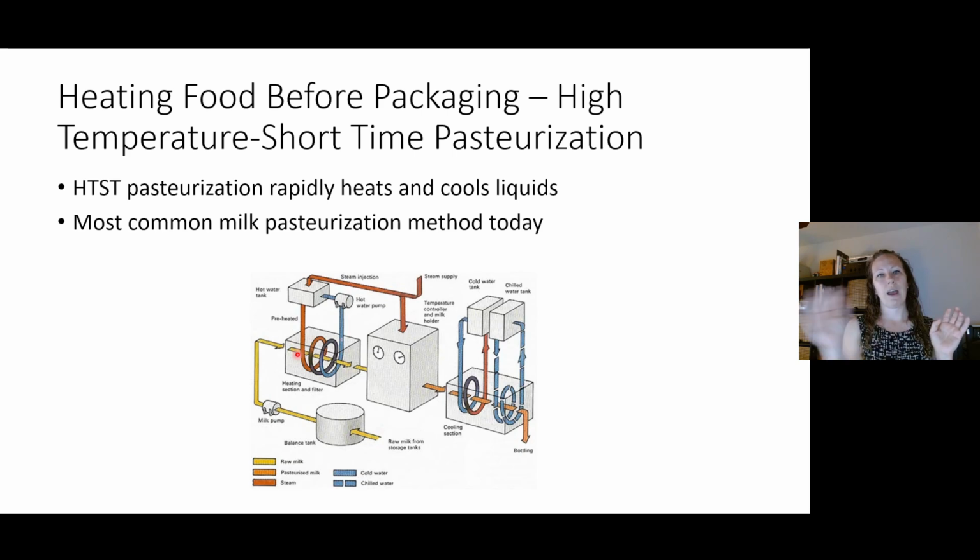So it's going to go through a high heat area of the piping, and then as soon as it gets to this high temperature for a very short time, it's then going to go into piping that is jacketed in cold temperatures to cool it down quickly. And so the milk is exposed to the high temperatures for as short a time as possible to achieve that pasteurization, and it causes less damage to the enzymes and flavors in the milk. And this is not just for milk. Juices and things use this too.